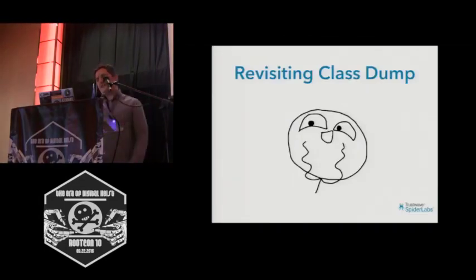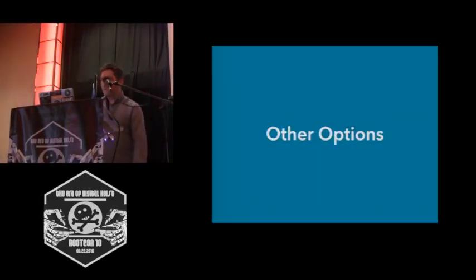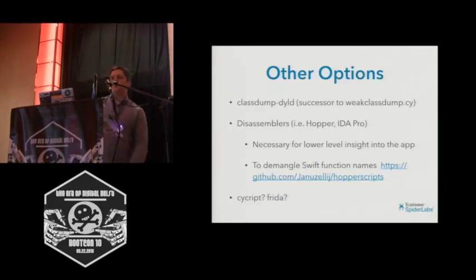Alright, so yeah, happy days. So what are the other options? Class-dump-dyld is the successor to a weak class dump, which is a script. I hate that name. It works in a similar way, so you can import it into a script and get that information out.